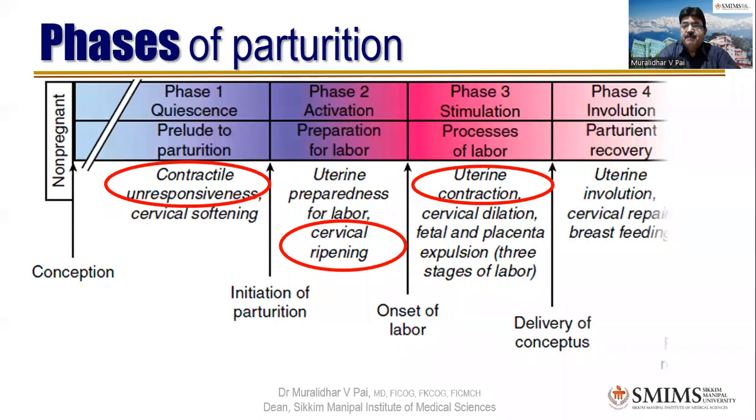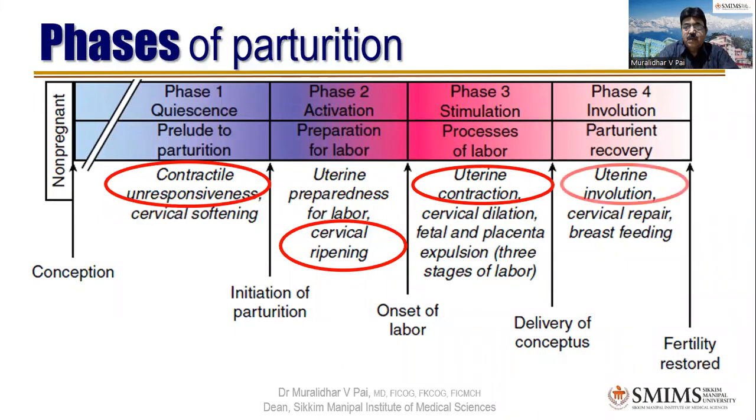Then we have phase 4, phase of involution, parturient recovery. We can call it a phase of uterine involution, where the uterus, as I said, retracts and makes a permanent contraction stage, and it becomes almost like a normal non-pregnant uterus. It involutes.